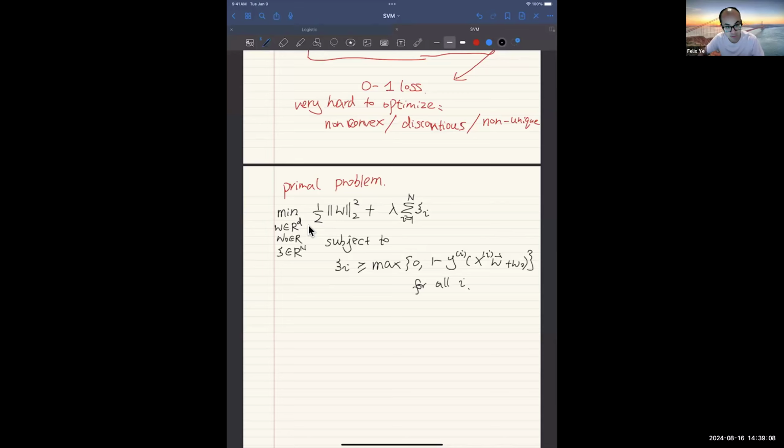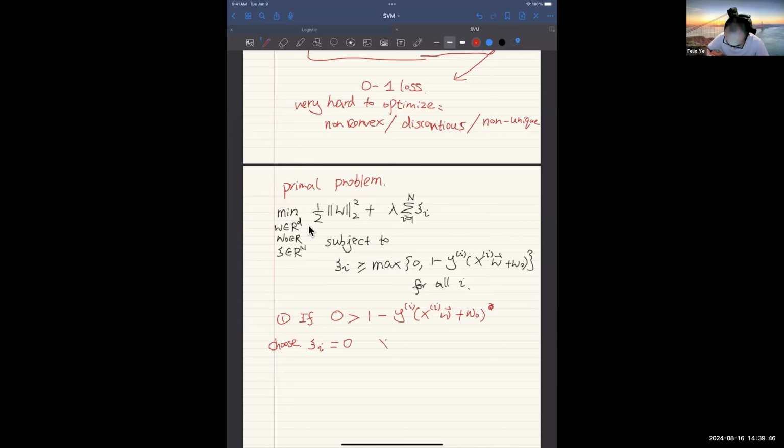So the key here is, if 0 is bigger than 1 minus this whole term, that means all we need to do is simply choose c_i equal to 0, because that's the minimum that we can choose.